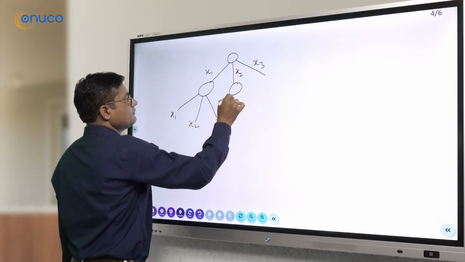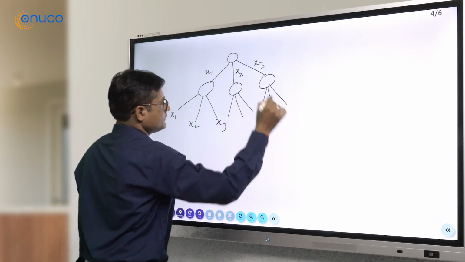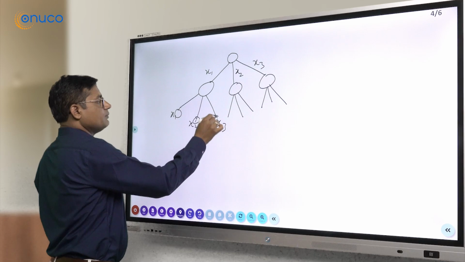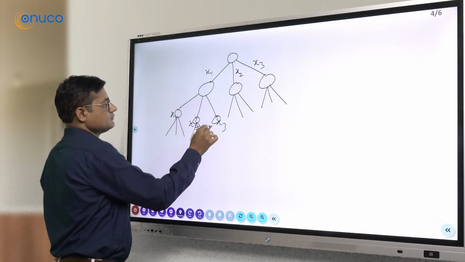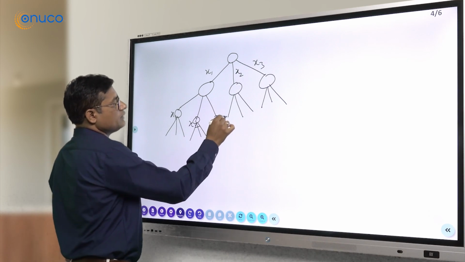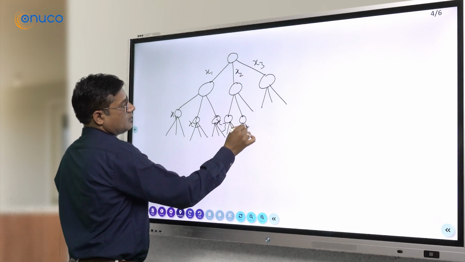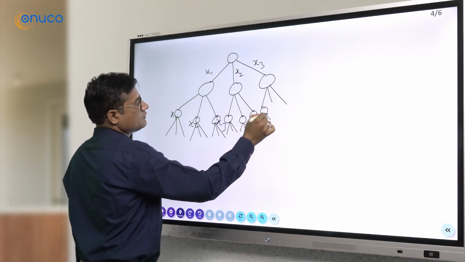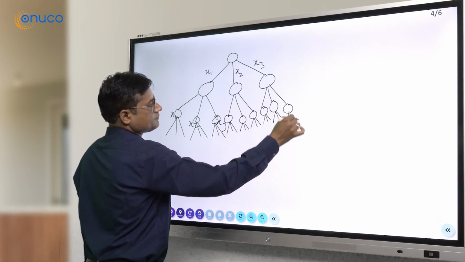Similarly, here also we have cases, and here also we have cases. So we are going and performing the task. If there are 3 different colors, we'll go till 3 depth. If more colors are there, we can use more levels in the tree.